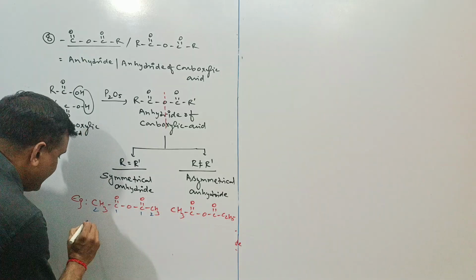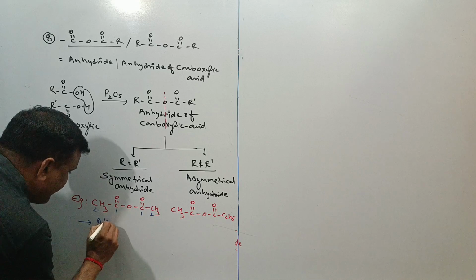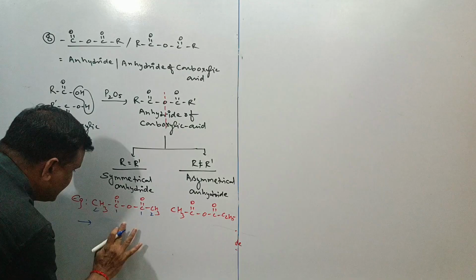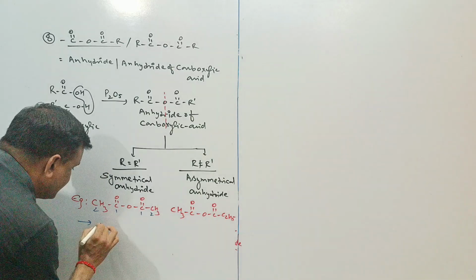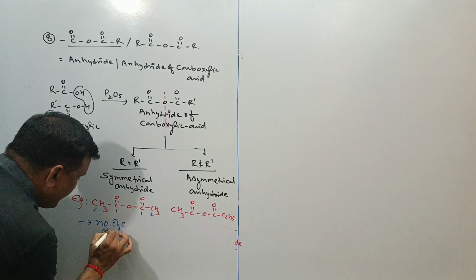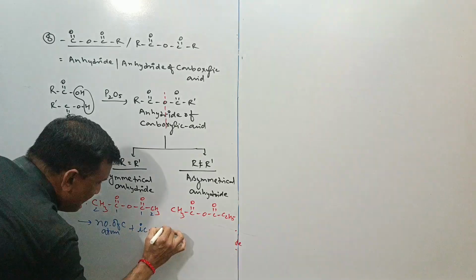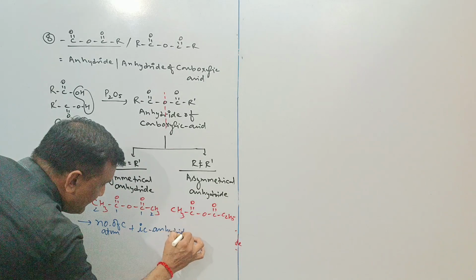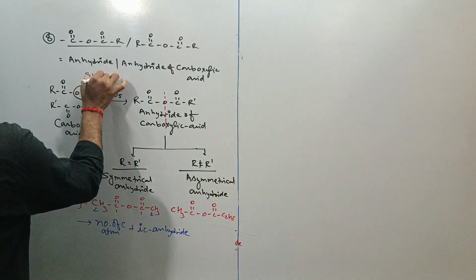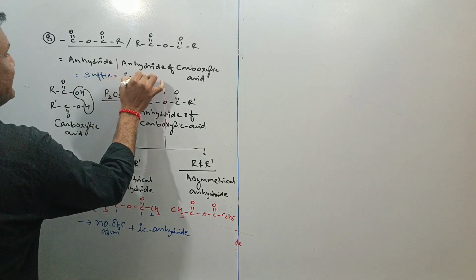So the name of the compound will be alkanoic... you can say just the number of carbon atoms plus "ic anhydride" as the suffix. So you can write here suffix also: "ic anhydride".